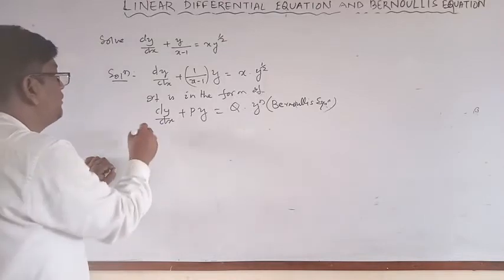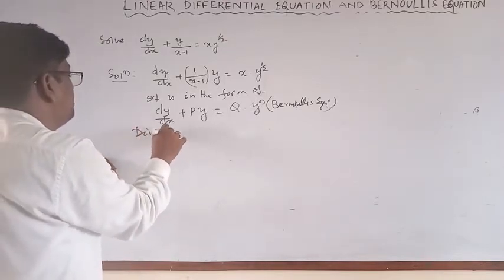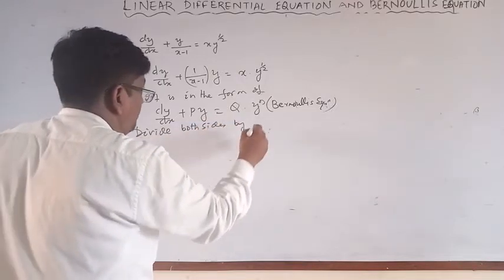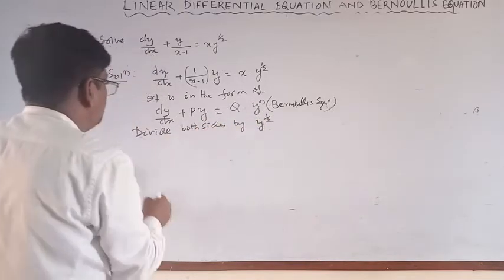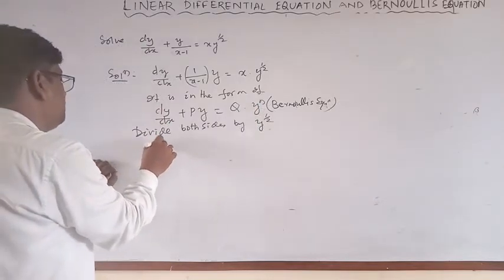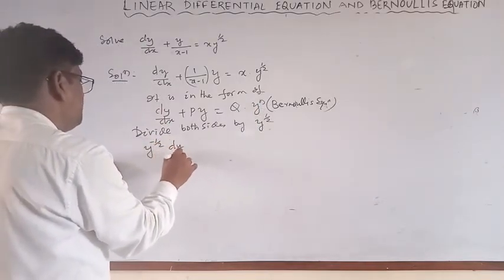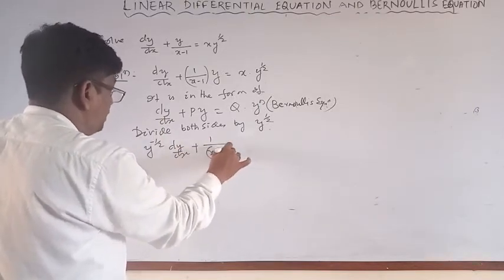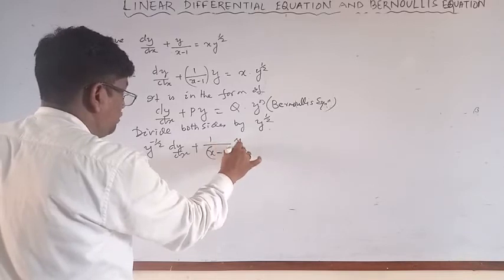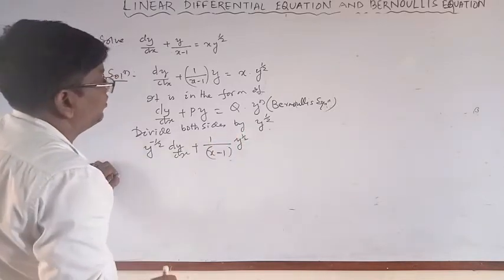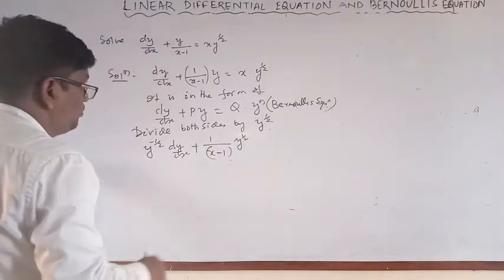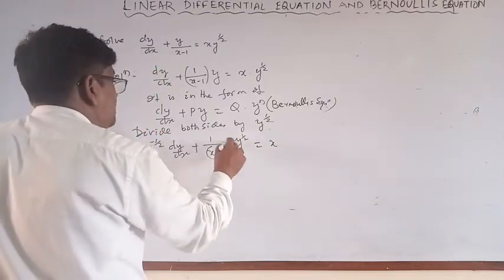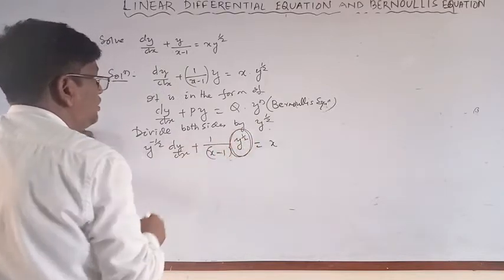So divide both sides by y to the power 1 by 2. So this is y to the power minus 1 by 2 dy by dx plus 1 by x minus 1 into y to the power 1 by 2 is equal to x. Now put the second term, y term, as z.